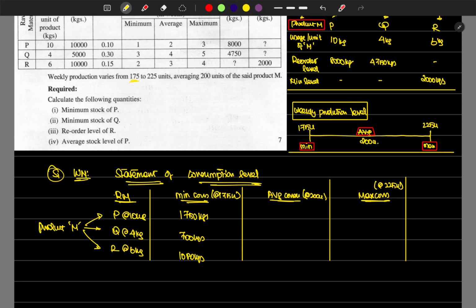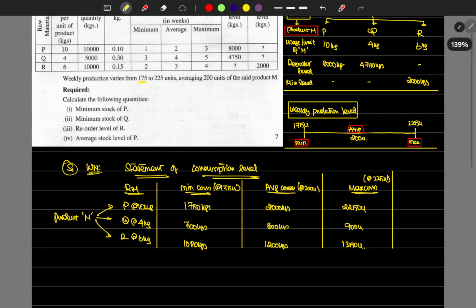Average consumption for 200 units is 2,000 kgs, 800 kgs, and 1,200 kgs. Maximum consumption for 225 units is 225 into 10, which is 2,250 kgs, then 4 gives 900 kgs, and 6 gives 1,350 kgs. Then we have prepared the table.